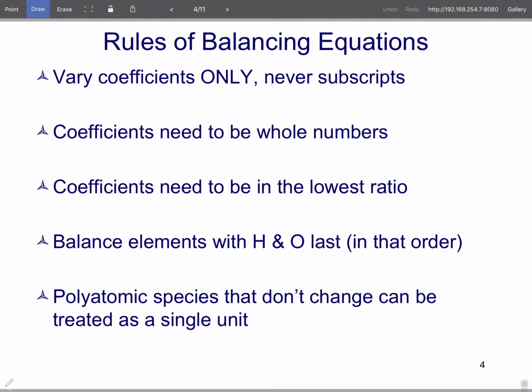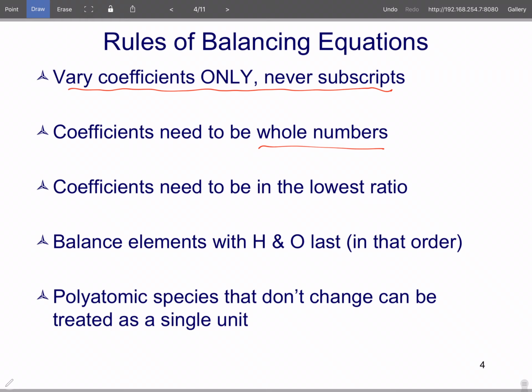Now, there are rules to balancing equations. You can use them, keep the list handy, when you first start balancing. After that, it's really easy. Okay, first rule is vary the coefficients only, never the subscripts. Remember, that changes the compound. We need to keep the coefficients as whole numbers.